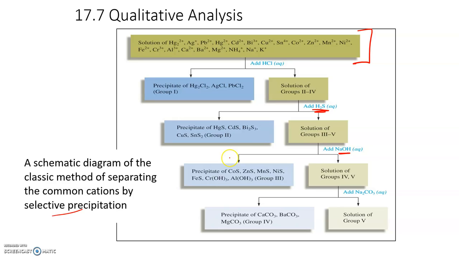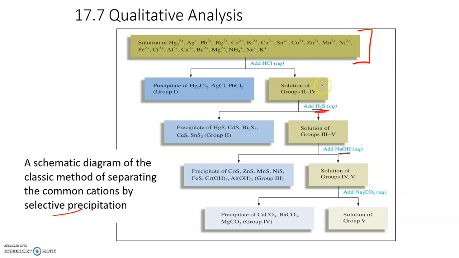And the next slide goes through the order that's generally used to go about precipitating out. So it goes through and tells you which things are going to precipitate out first. And so if I look at this schematic diagram, the first step is to always add a strong acid. If you add a strong acid, like hydrochloric acid, the insoluble chlorides will precipitate out first.